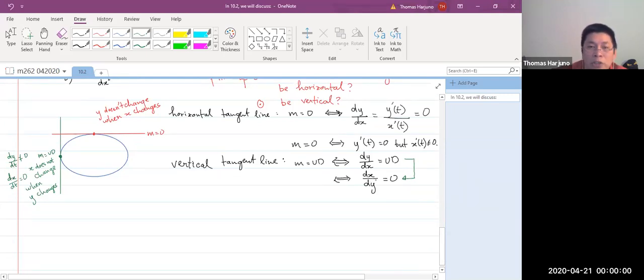Now, if you think about this further, I use a green color right now. This is basically x prime t over y prime t equals 0.